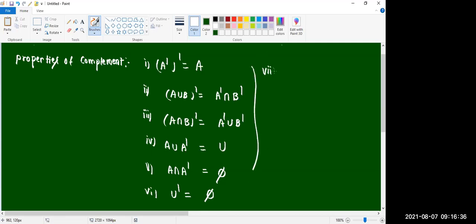Seventh one is phi complement equal to U. Write it down, please.